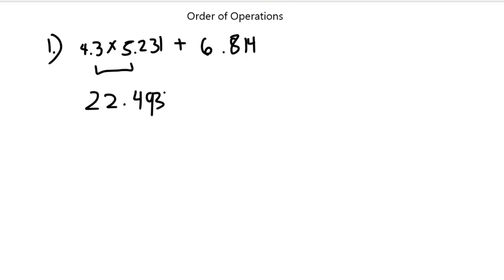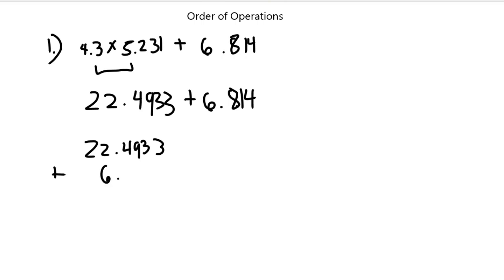So we got 22.4933. So we're not going to round off or round down yet. We're going to add muna. Before doing that, what we can do here is dalawang addition method. So we got 6.814. Here we got this. So we can just erase the axis of symmetry.